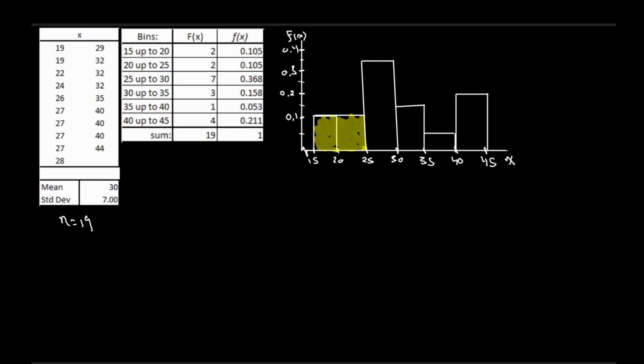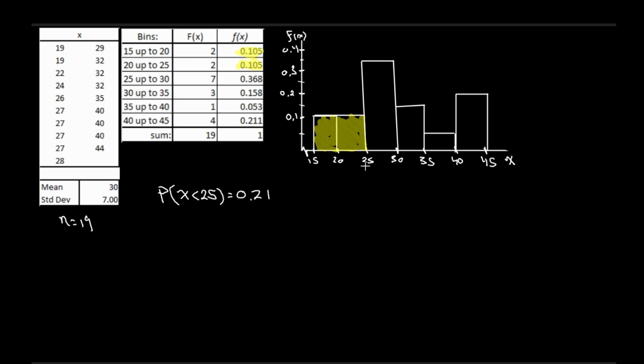These two boxes are going to be less than 25, and those two boxes are 10.5% and 10.5%. So we could say quite readily that the probability that x is less than 25 is equal to 0.21. There's a 21% chance that we're less than 25.